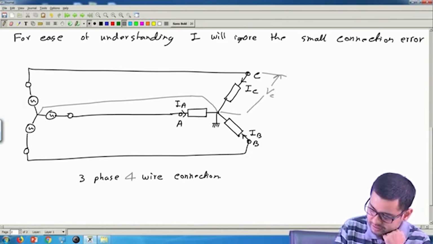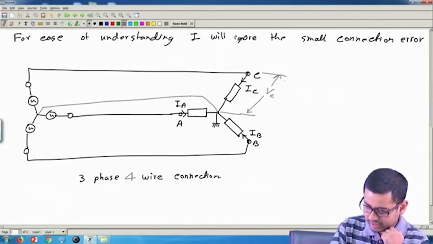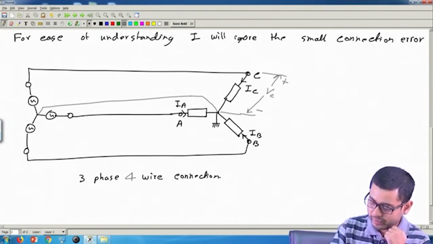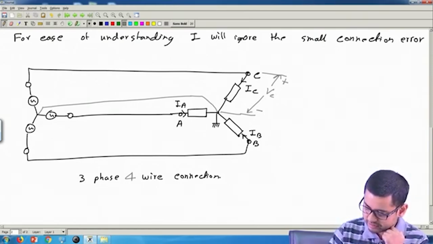Vc. Okay, and I can put a plus minus sign. So this indicates the chosen reference for measuring this voltage. Okay, so similarly, this is Vb.